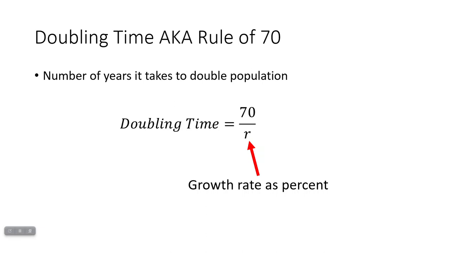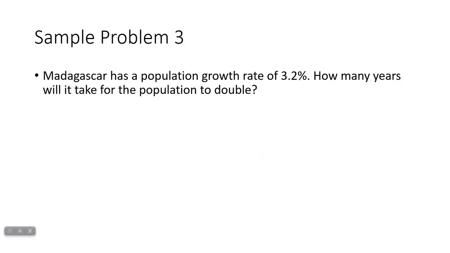And so we're going to do a practice problem with this. We're going to say that we are looking at Madagascar and its population growth rate is 3.2%. So R is going to be 3.2. How many years will it take for the population to double? Well, doubling time is 70 divided by R, which is going to be 70 divided by 3.2.